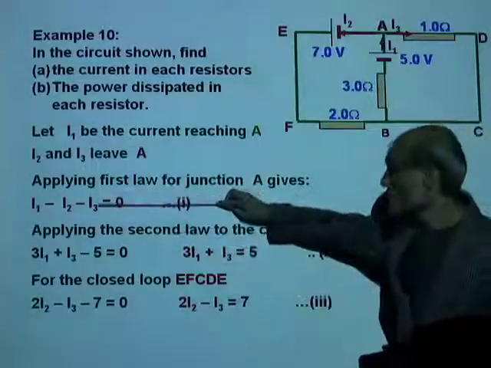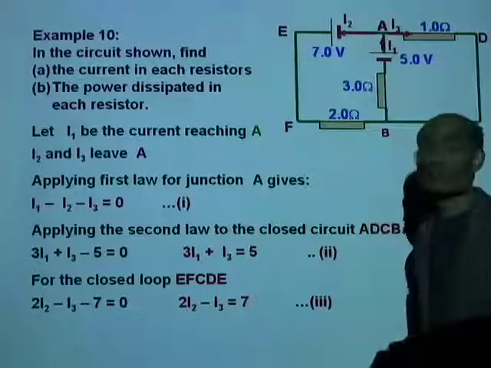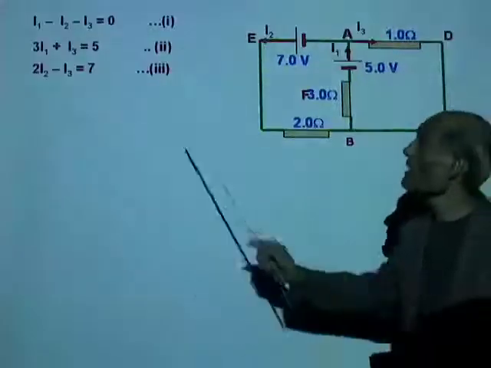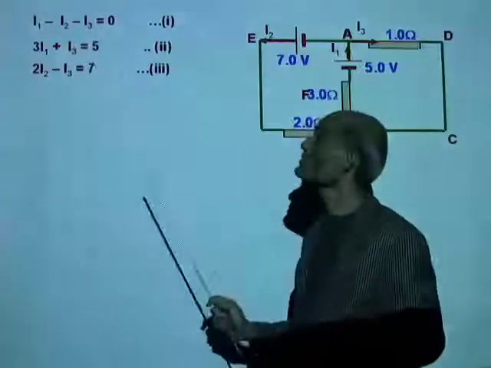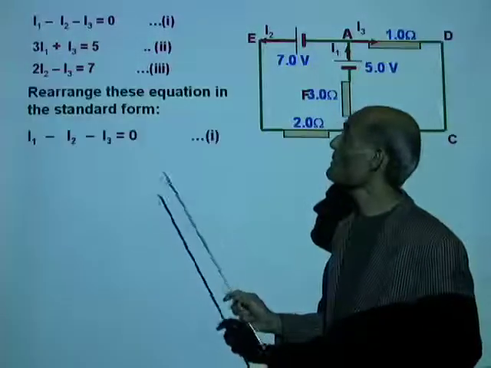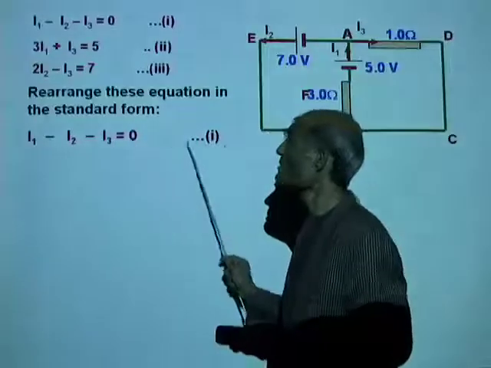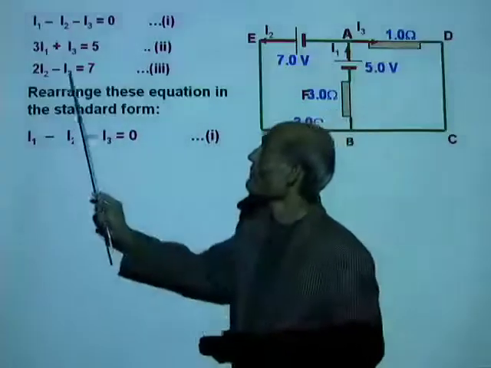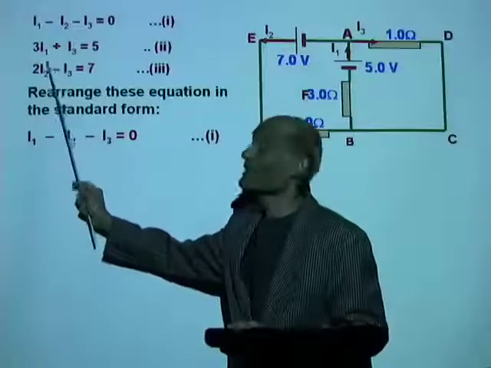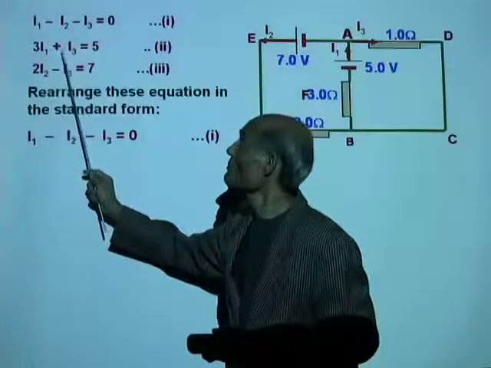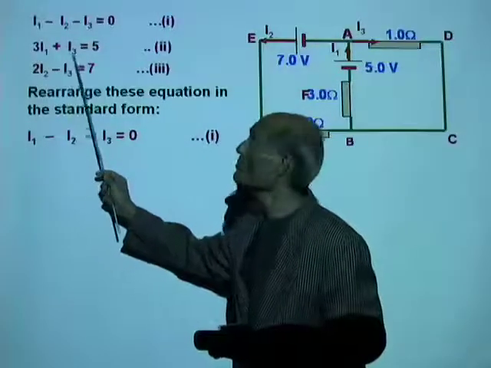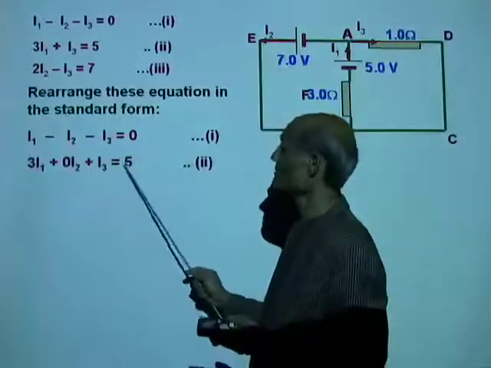We got now these three equations. Write them in the proper way. Rearrange them. You got I1 minus I2 minus I3 equal to 0. And what will the second equation be? 3 I1 plus 0 I2 plus I3 equal to 5.